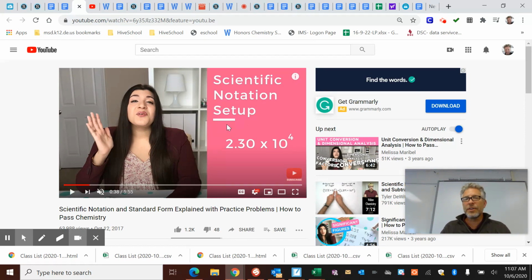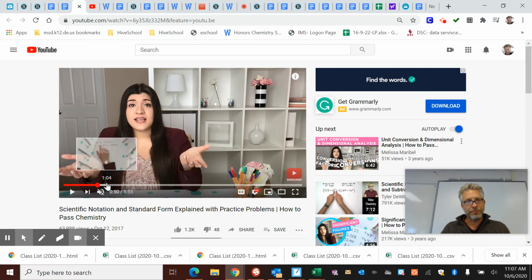So for scientific notation, she explains that the decimal point must go here such that only one non-zero digit appears to the left of the decimal. And then we have times 10 to some power. This can be replaced with capital E with a 4 next to it. Means the same thing. All right.